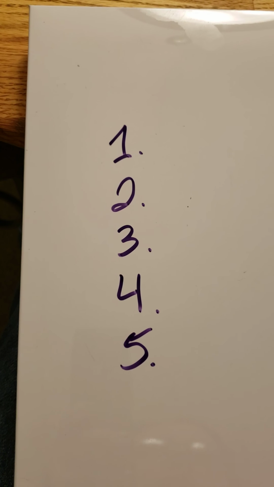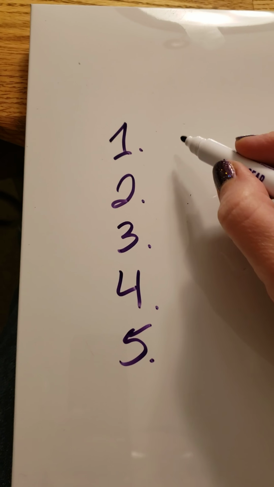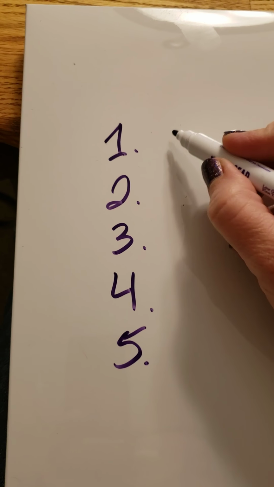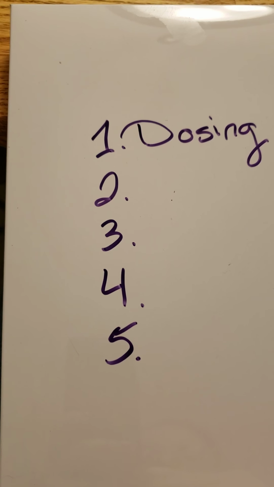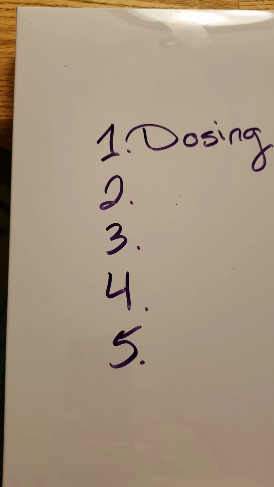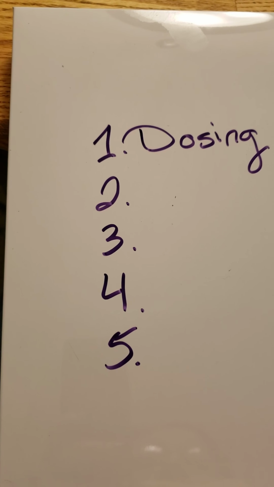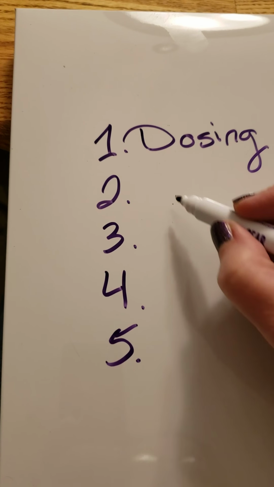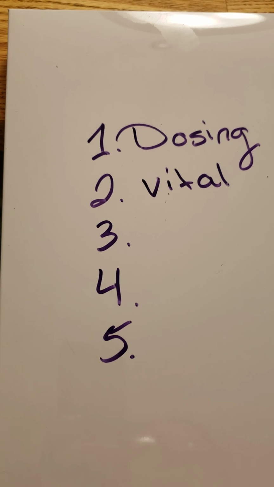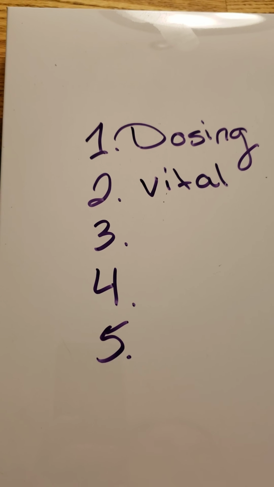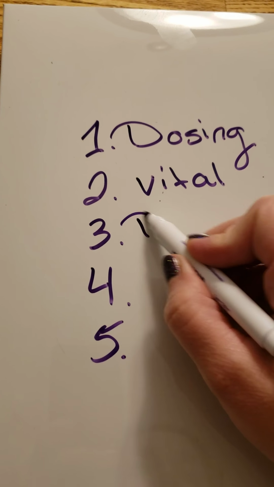Okay. Number 1, obvious reason why we do math in the medical field is dosing. 2, why we do math in the medical field is for vital signs. 3 is more for front office, but we still do math, and this is for all the billing.